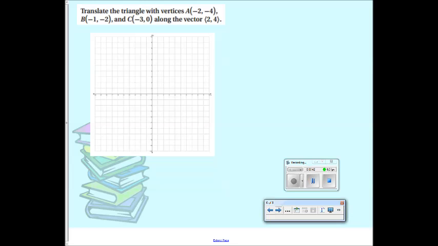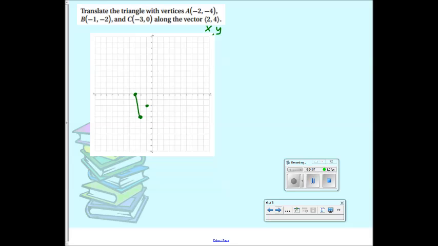Right 2, up 4, because this is the x and this is the y. So it's going to move right 2 and then up 4. So I'm going to start by plotting this at -2, -4. Then -1, -2. And then -3, 0.